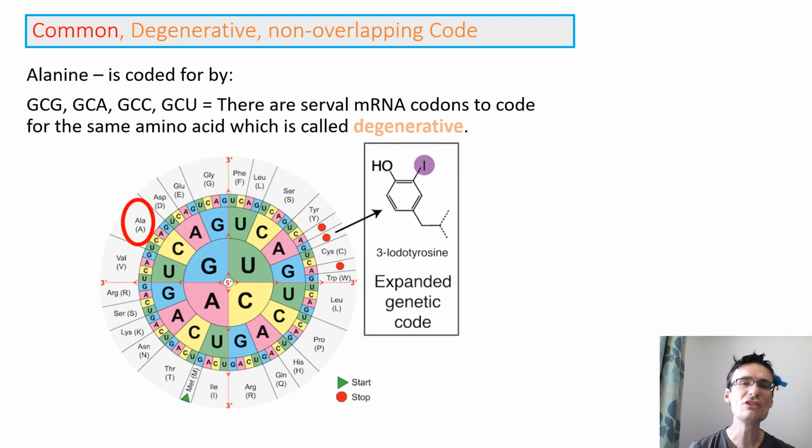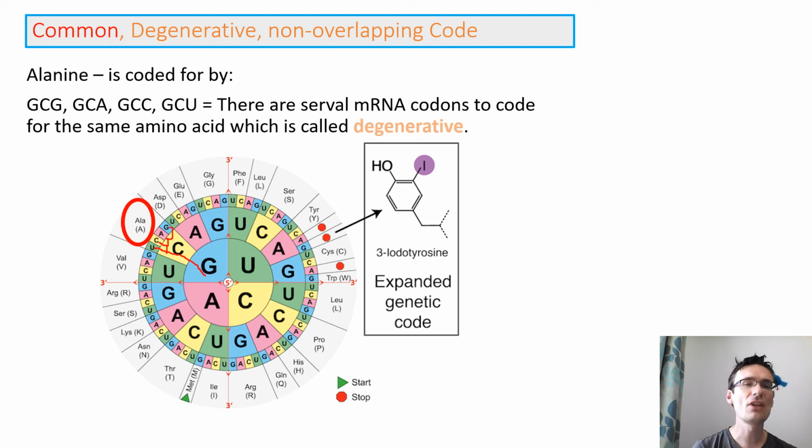Next term is degenerate. So alanine, this one circled in red there, is coded for using the following different triplets. It could be anything beginning with a G, then a C, but it could be GCU, GCC, GCA, or GCG.